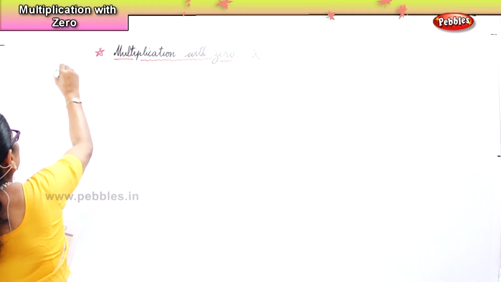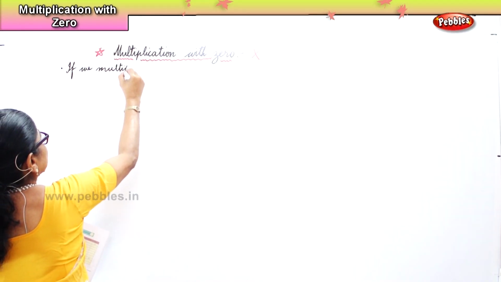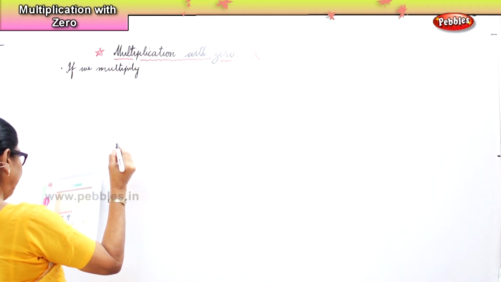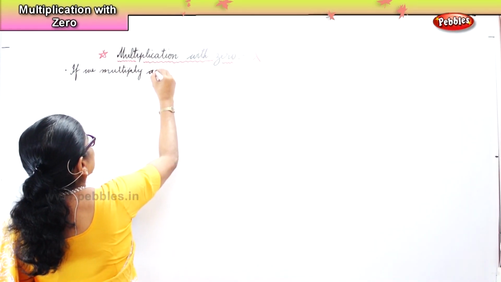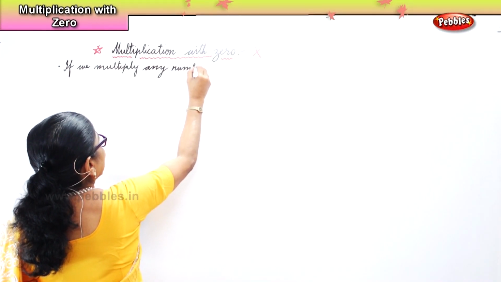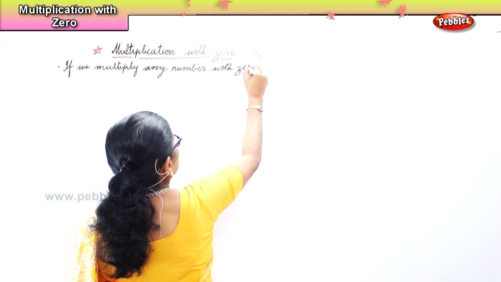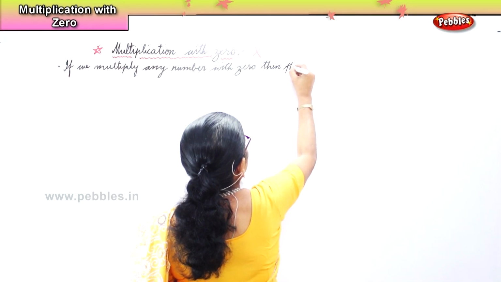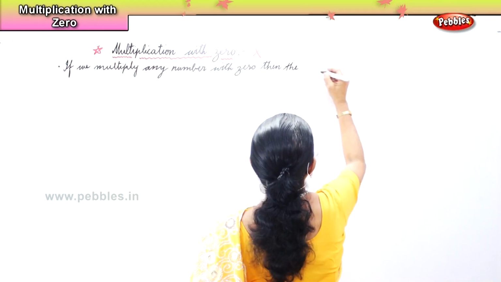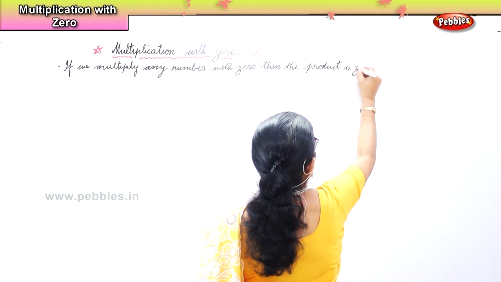What do we have to remember? If we multiply any number with 0, then the product is 0.